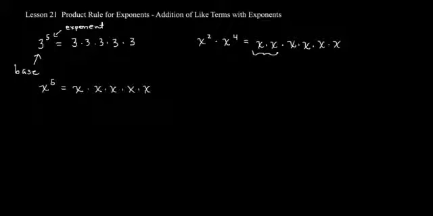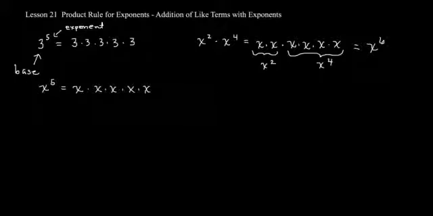This is x squared right here. That's x times itself 2 times, and this is x to the 4th. If we added those all up, how many x's we had, we would get 2 x's and 4 x's would be x to the 6th power.